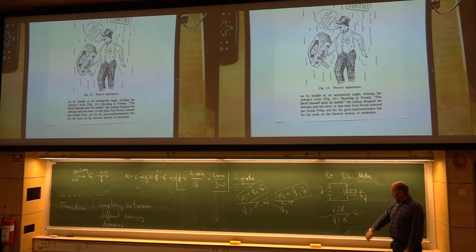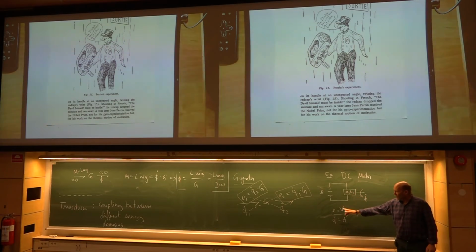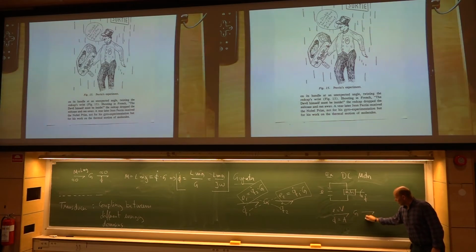And then we actually have a gyrator, because you see the coupling with such a device goes from the voltage down here to the speed. So it's a direct coupling between voltage and speed. So hence, yes, this is a gyrator.